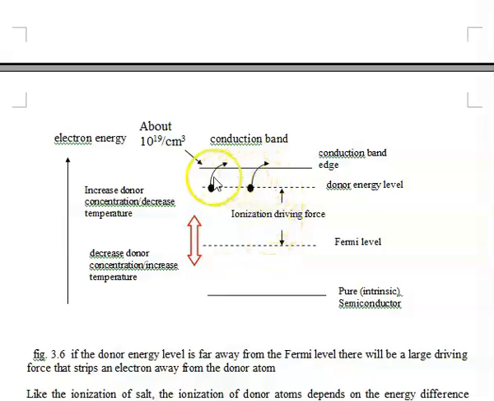If the Fermi level rises up to here, in this region right here, then that driving force basically goes away, and any phosphorus atom that we implant into the silicon lattice will have a very hard time giving up its electron. So if you compare this diagram with the salt, you'll find that they are essentially, I was going to say identical, they're not identical, but the analogy I think is very clear.